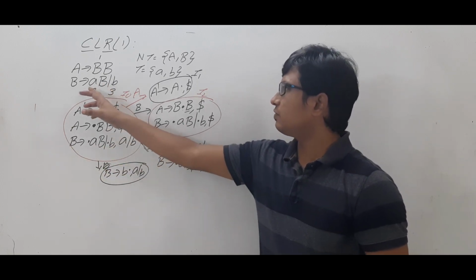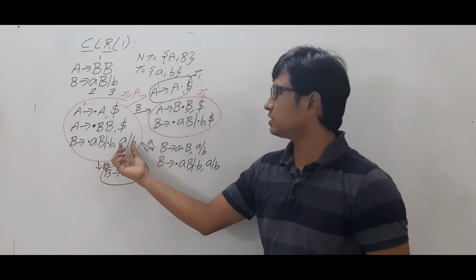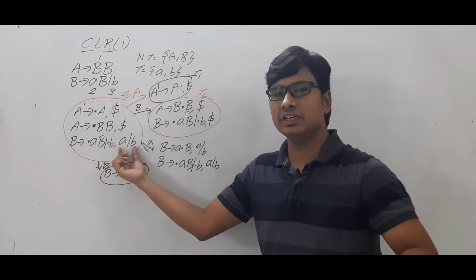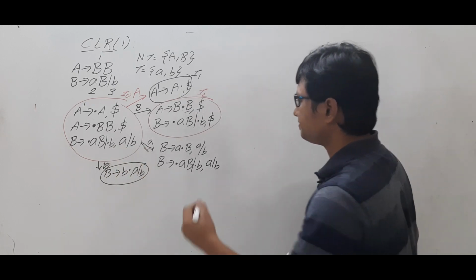The first of this one is A and the first of it is B also. So instead of that I am writing it as A or B, meaning it will be A and B only. Is it clear?